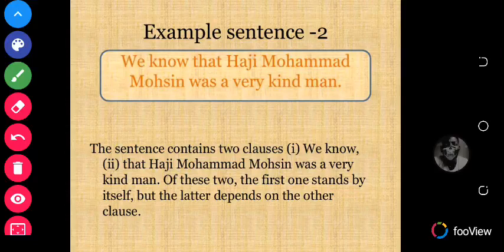So the principal clause is the clause that makes meaning on its own without the help of any other clause. But the subordinate clause is a clause that does not make meaning on its own when not supported by the principal clause.